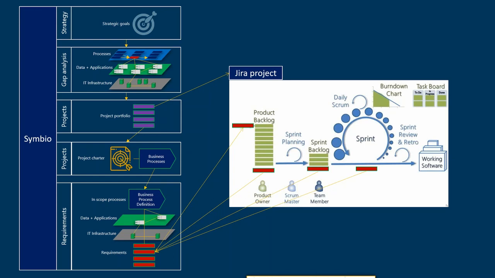It doesn't just have to be agile. It could be waterfall as well. If you're still on a waterfall approach, it's fine. Requirements is still requirements. You will just have a different cycle in Jira then. So in Jira, you configure your workflows. Either it's a Scrum board, a Kanban board, or any other combination that you want. But basically, a requirement will still be a requirement.